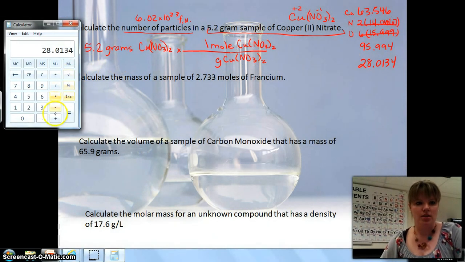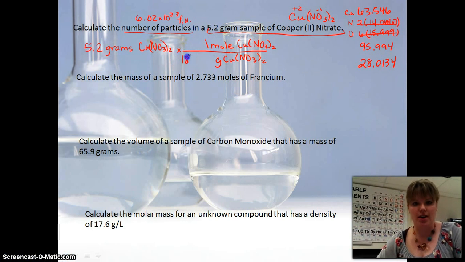So 28 plus 95.994 plus 63.546. That's going to give us 187.55. That's the only place you can find grams.